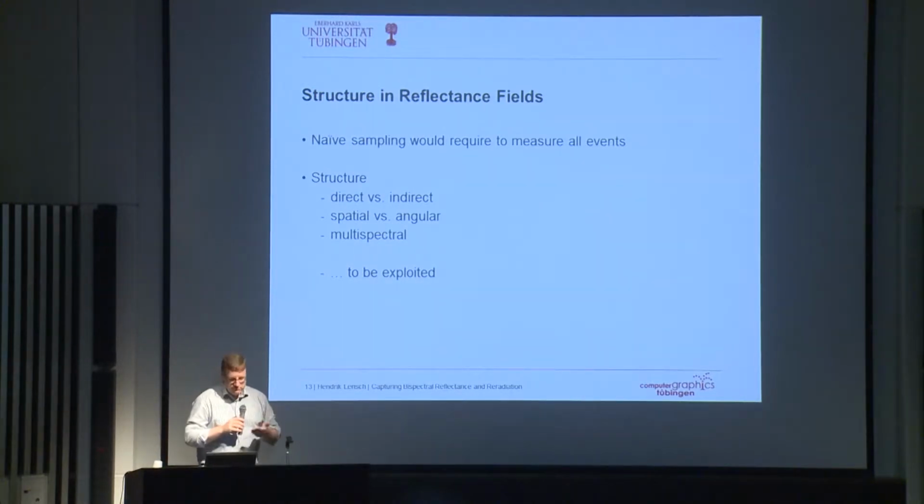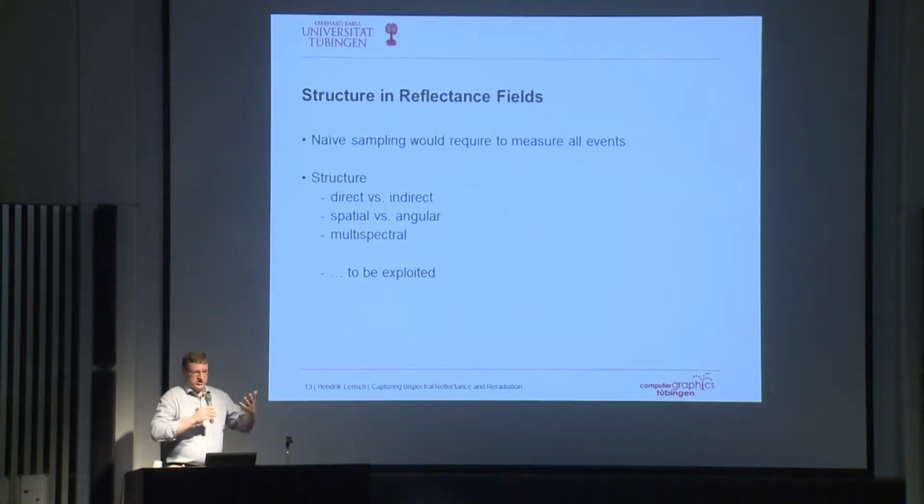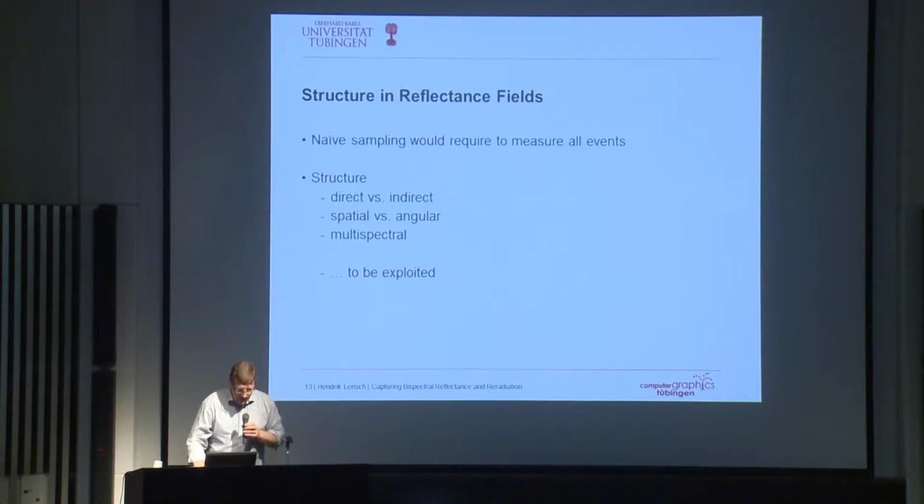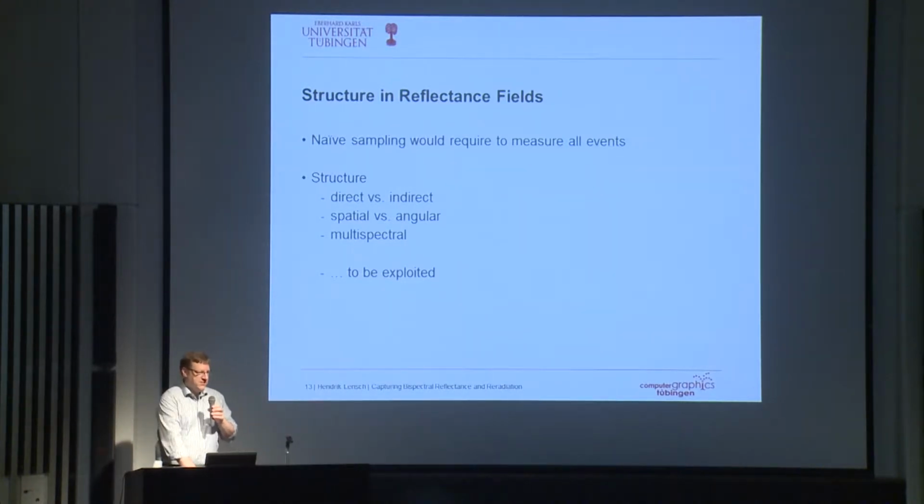Okay, so there's lots of interesting structure inside a reflectance field, direct versus indirect illumination, spatial versus angular resolution, and what I'm going to present next is multispectral and bispectral reflectance.